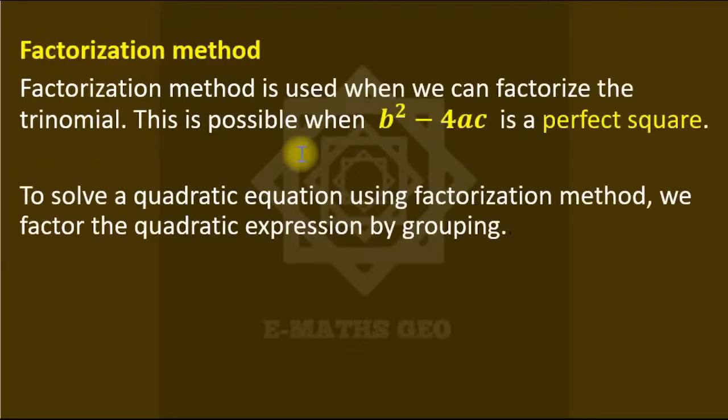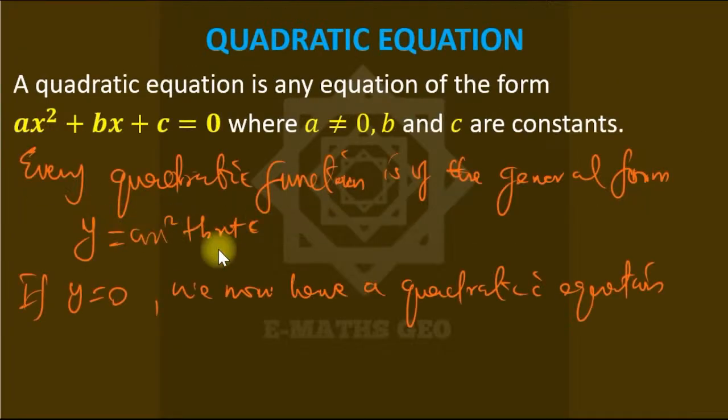To solve a quadratic equation by factorization, we need to check if the quadratic function ax squared plus bx plus c is factorizable. Once it's factorizable, we can solve using the factorization method. So how do you know?